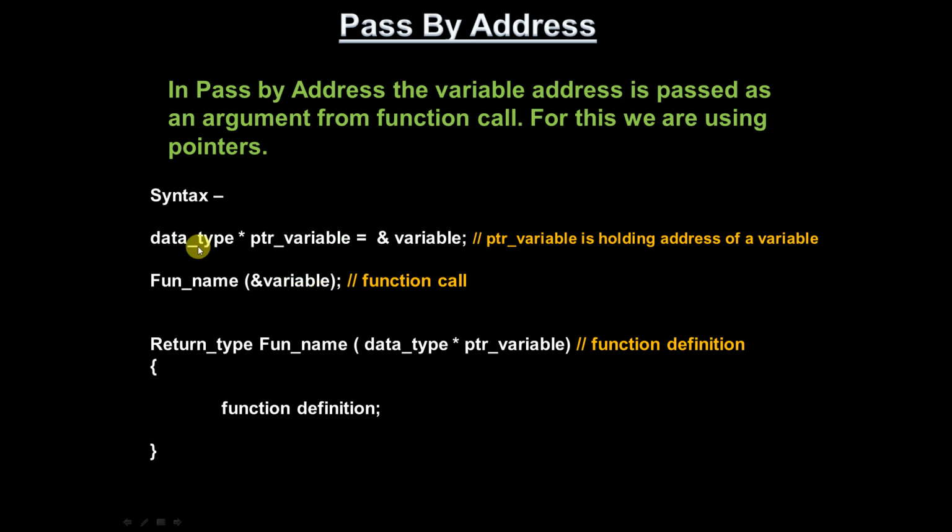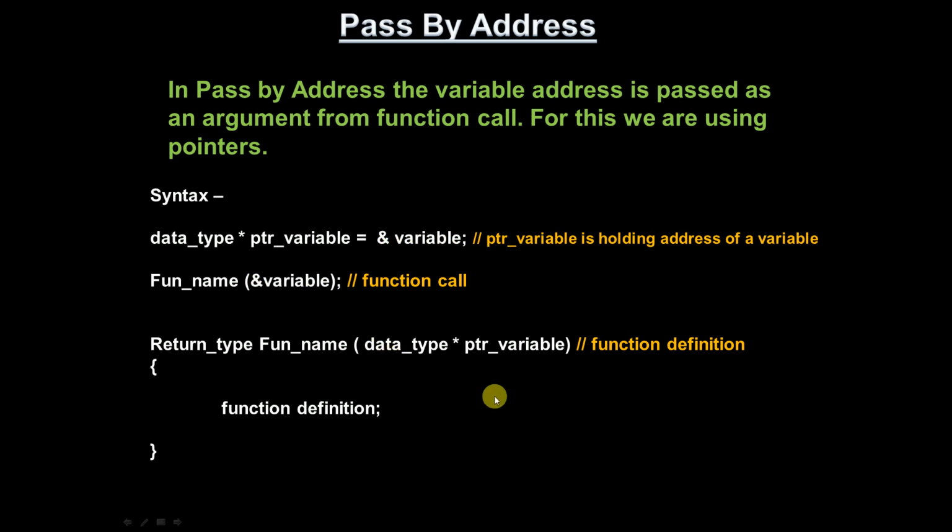And in the function definition, what do you have to do? Here we have the return type, function name, and the left hand side of this pointer syntax, that is data type star ptr_variable. Whatever is there, you have to place in the arguments. So in the function definition you keep the left hand side syntax, and in the function call the right hand side syntax, that is address of variable.